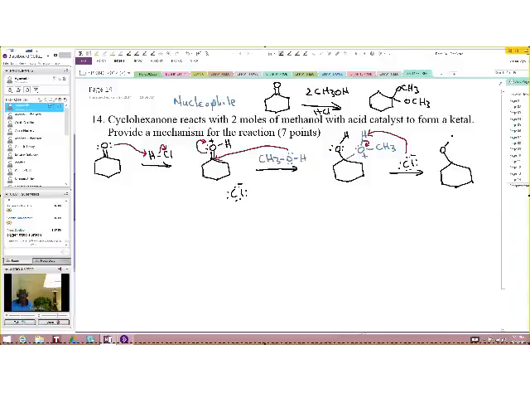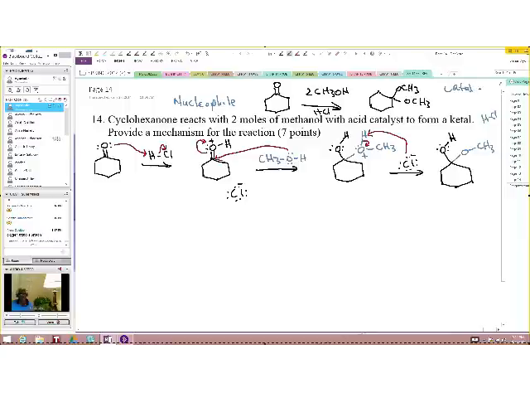Now we form HCl. You see, we have regenerated the HCl that we started with, because it was used just as a catalyst. So at this point, we have formed this product here.